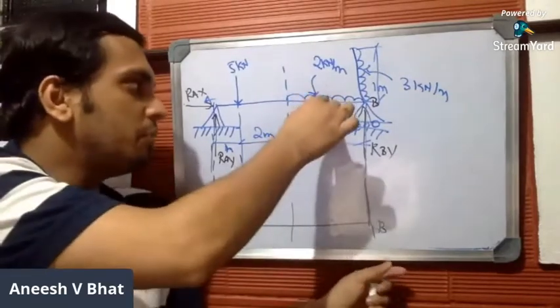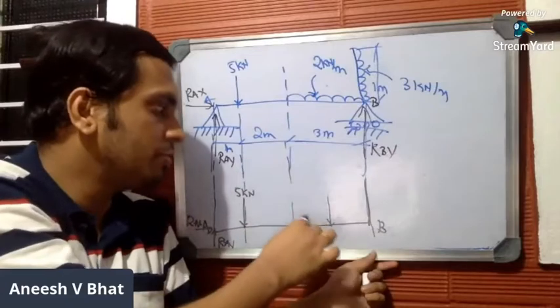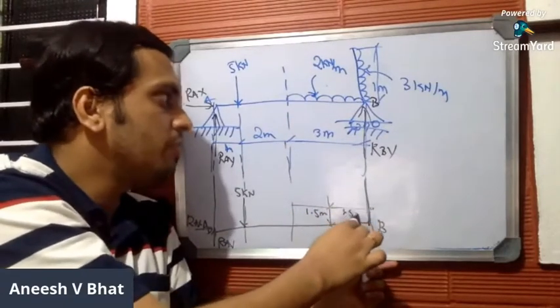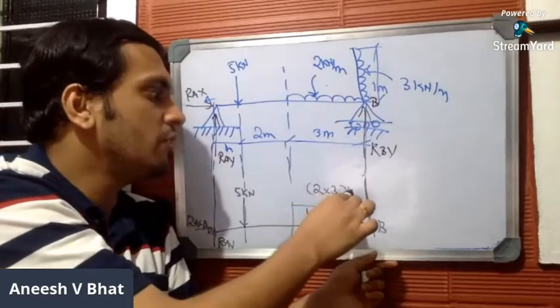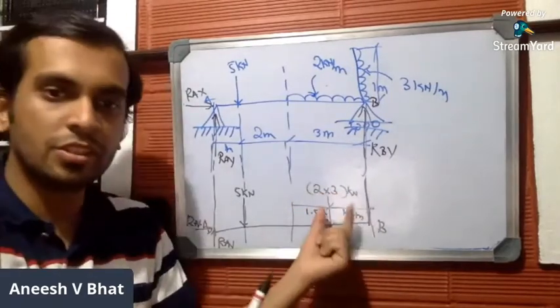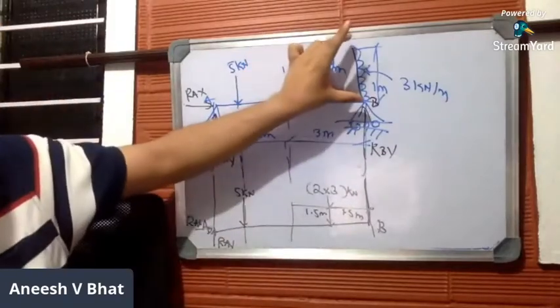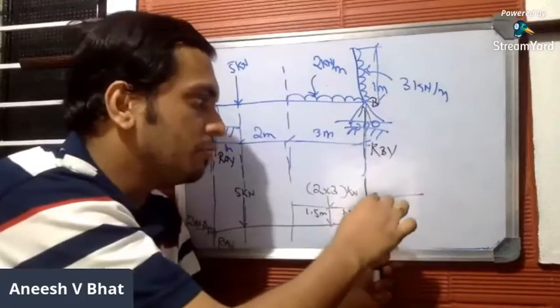You have to convert this UDL into a point load. The point load will act exactly at the center, so for 3 meters it will be 1.5 meters and 1.5 meters. Its magnitude will be 2 into 3 kilonewton. This is the point load converted from this UDL. You have one more UDL acting vertically, and it also has to be converted into a point load.